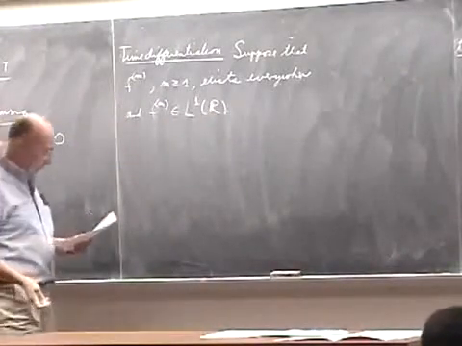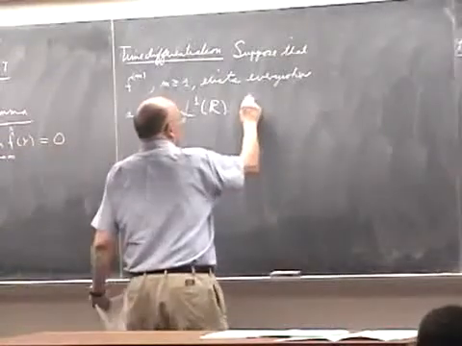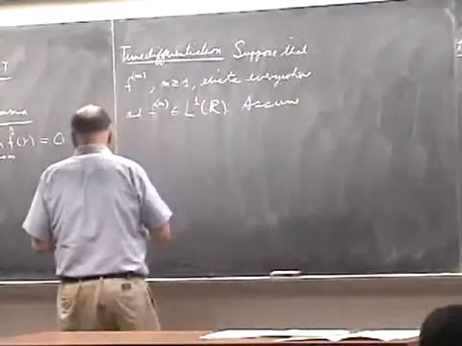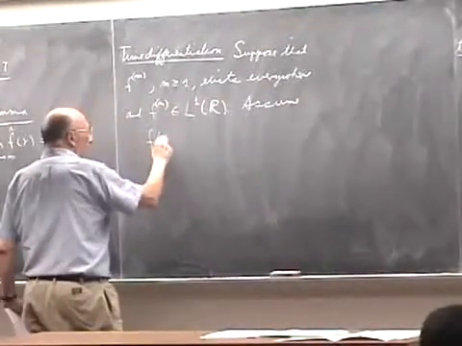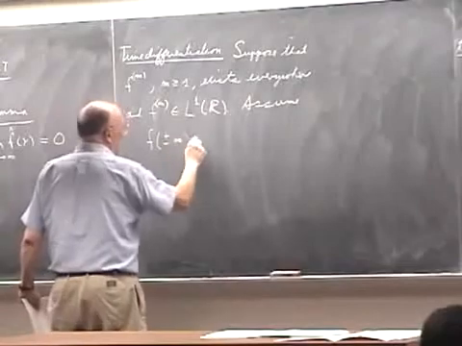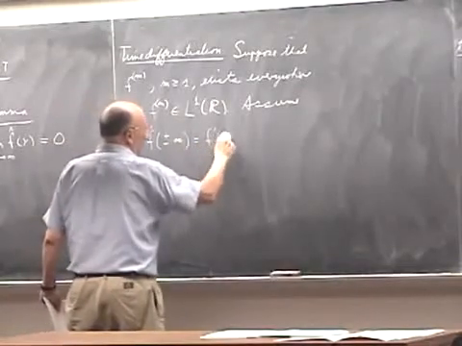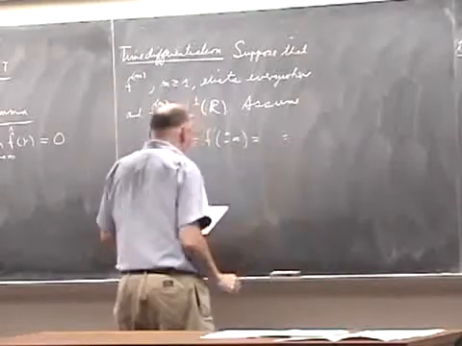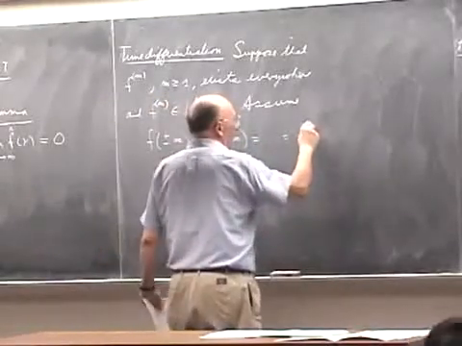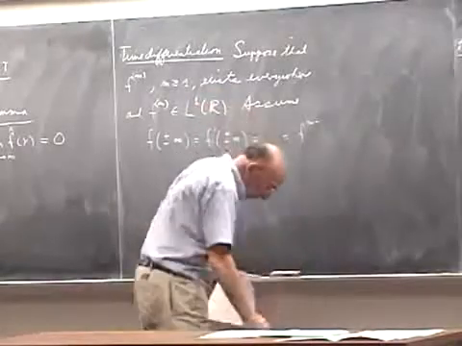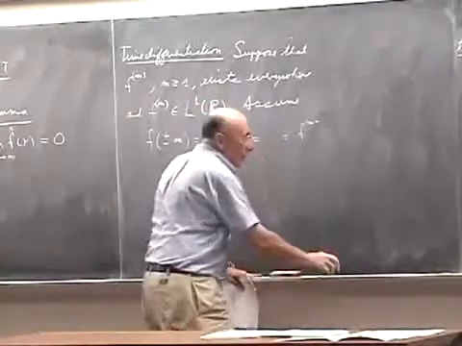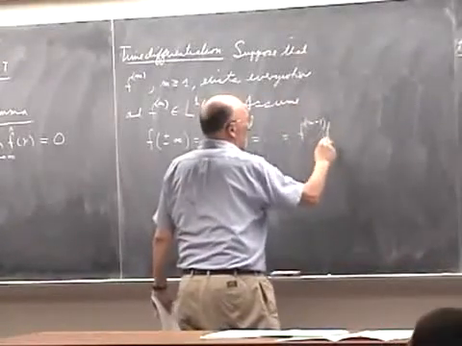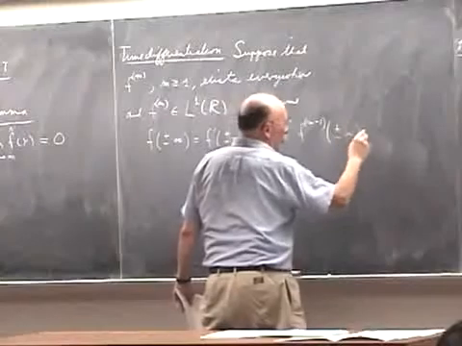Also assume that f of plus and minus infinity equals f prime of plus and minus infinity, all the way up to f^(m-1) of plus and minus infinity, equals 0.